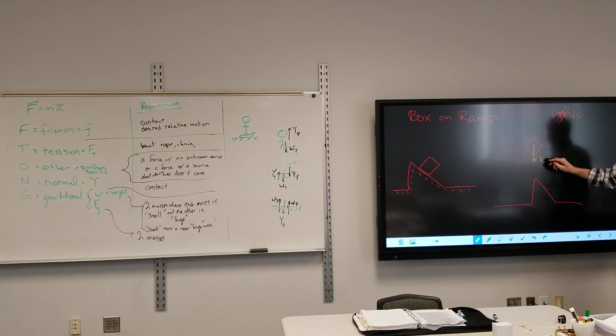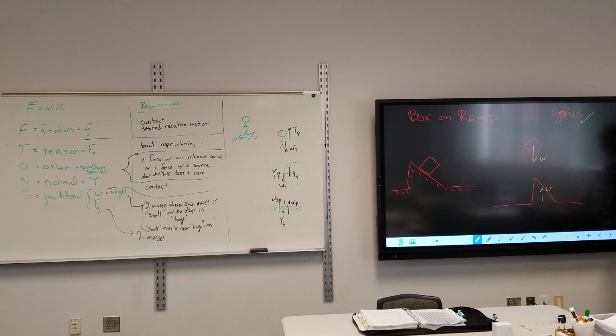Normal force. Let's see if people will fall for rookie mistake number, whatever we're up to. Which way is normal force acting, and on what? The arrows are going in opposite directions. That is true. Which way is it acting on the box?